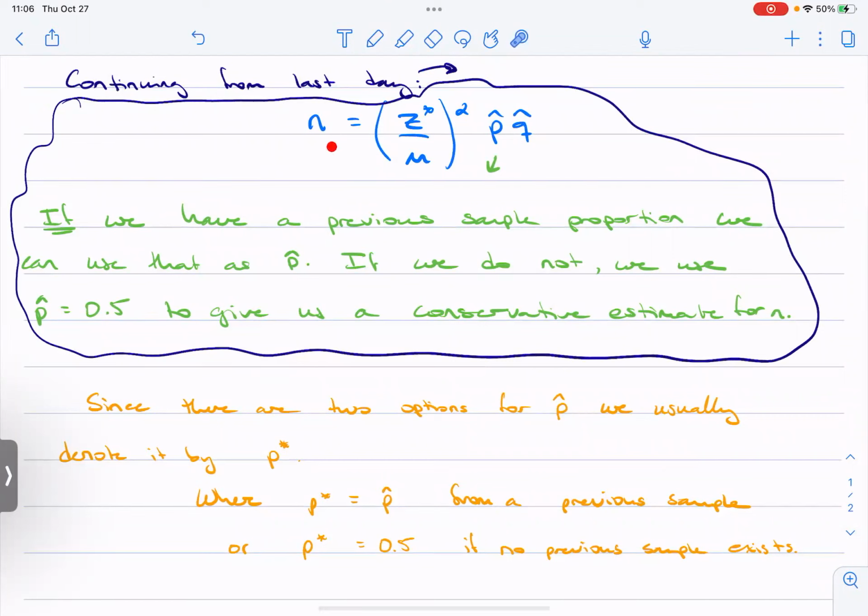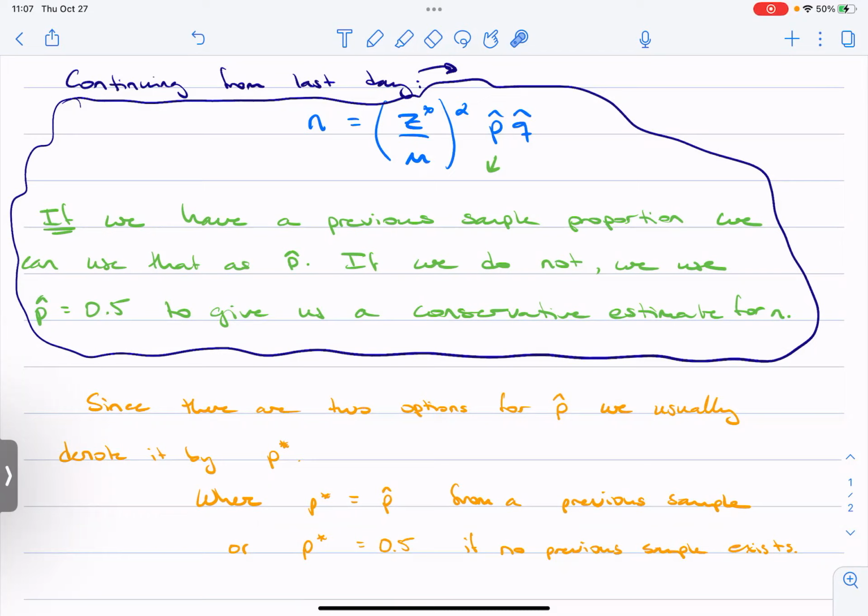One thing about n: n is a sample size, so we're basically saying, okay, how many people do I need to survey? Of course, we're likely going to end up with a fraction, some decimal answer here. But the thing with n is that we always have to round up. I can't sample 0.1 of a person. So we always round up, even if rounding rules say that we should round down.